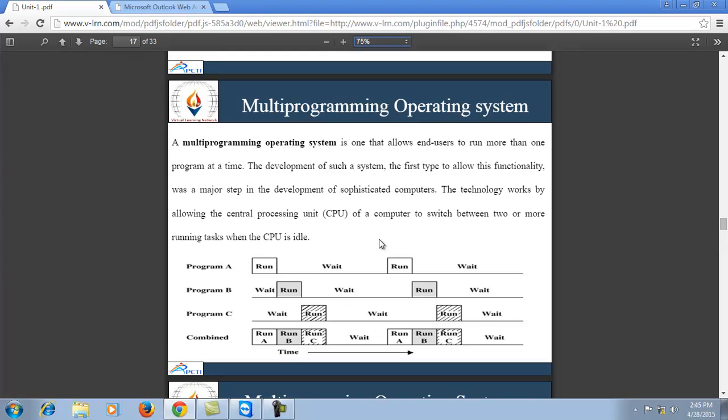If we combine all of them at the last level, it gives the time slots A, B, C, and there is no collision. At the same time, A, B, C, there is no collision. This is the multi-programming operating system. A single CPU is working for all of the programs and executing all of them at the same time, without any collision of tasks and without any delay of tasks.